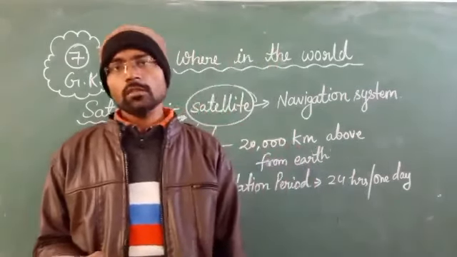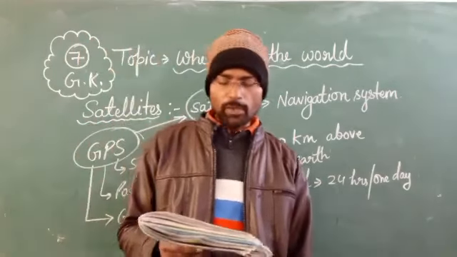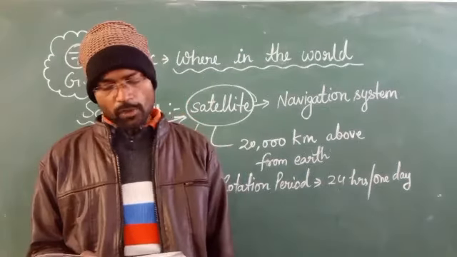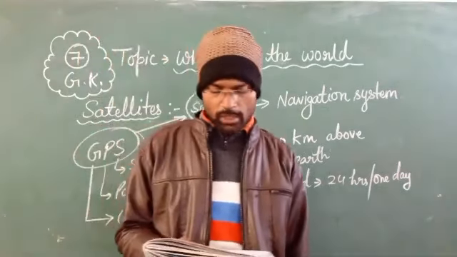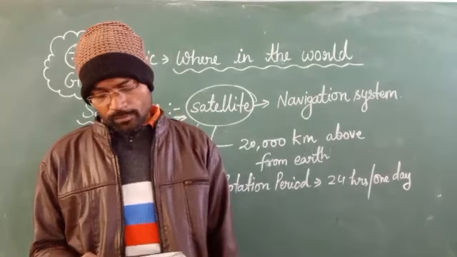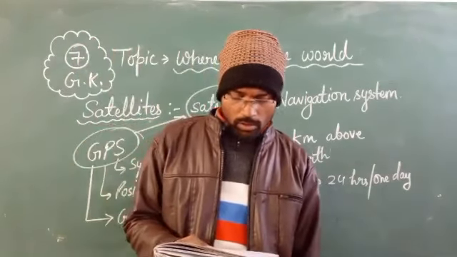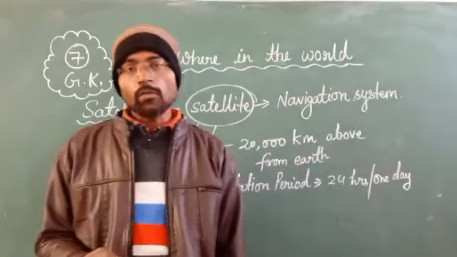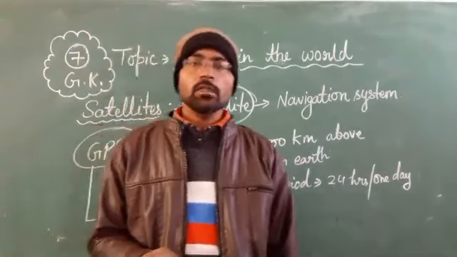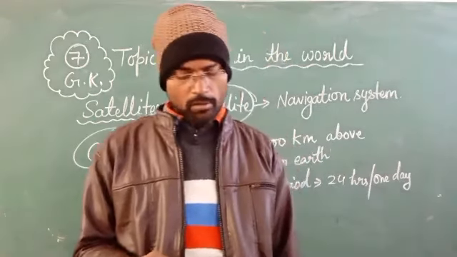Next question: what is the name of the mathematical principle used to calculate your location based on information from GPS satellites? Means you have to tell how the GPS system tracks your location. The right answer is trilateration.